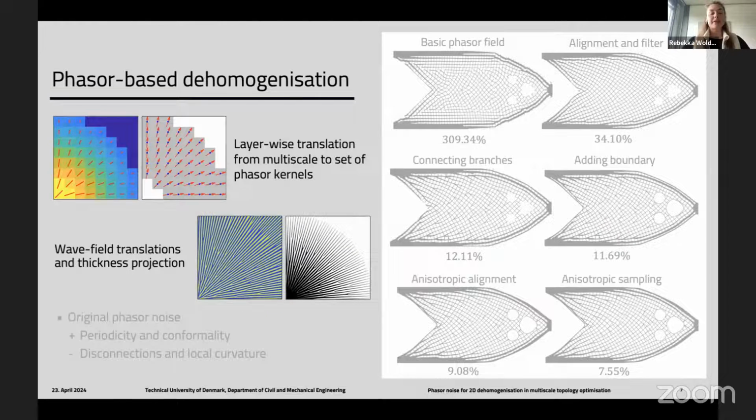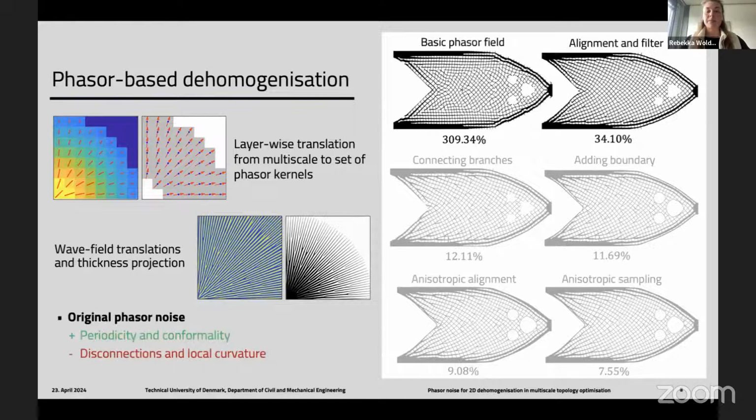And from these Phasor kernels, you can sample the Phasor noise at any resolution and periodicity you desire. And then by wave field transformation of the complex Phasor noise, you can obtain sort of a level set type representation of each lamination layer, which can be directly projected to solid void based on the local relative thicknesses.